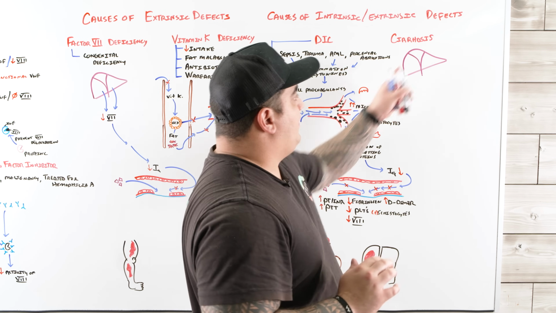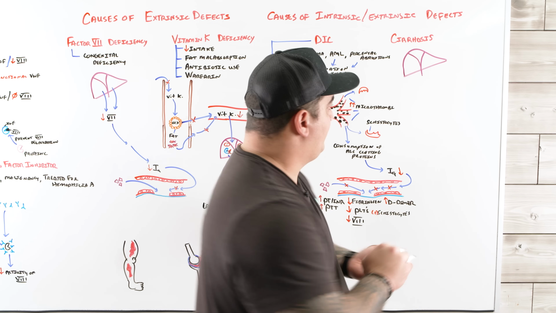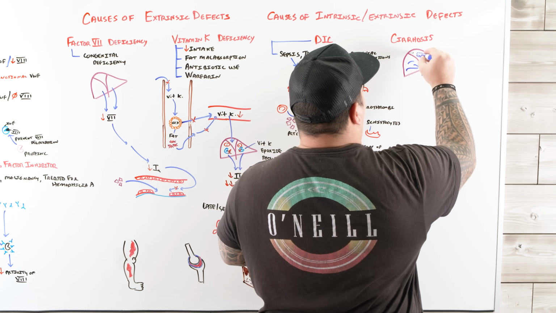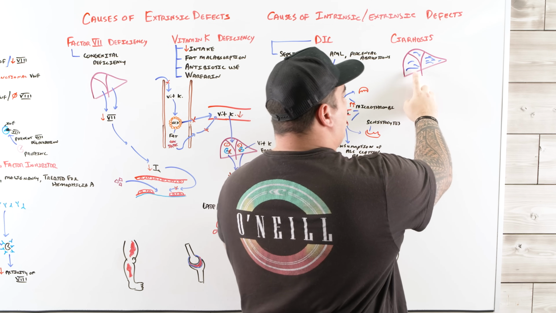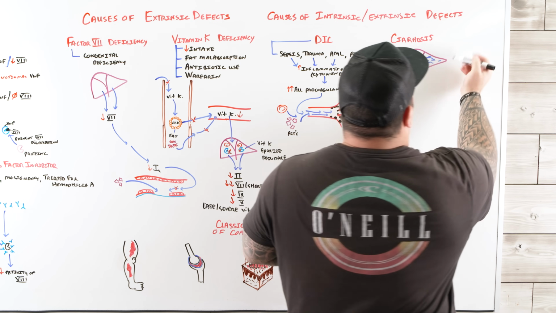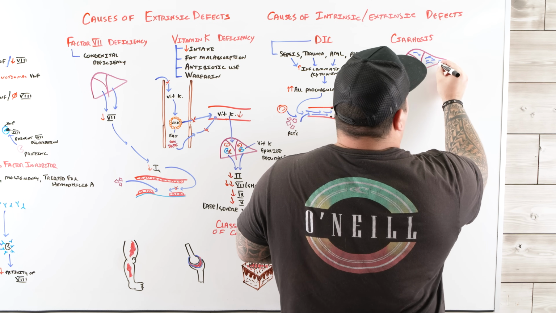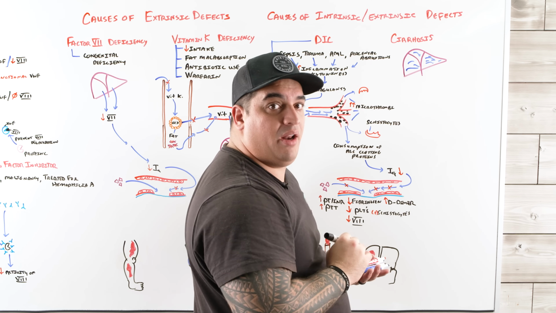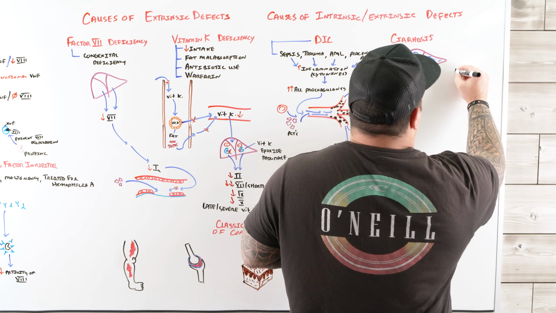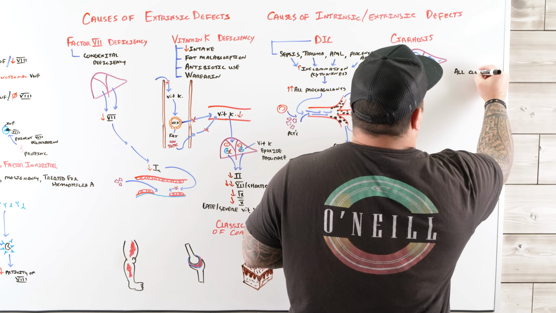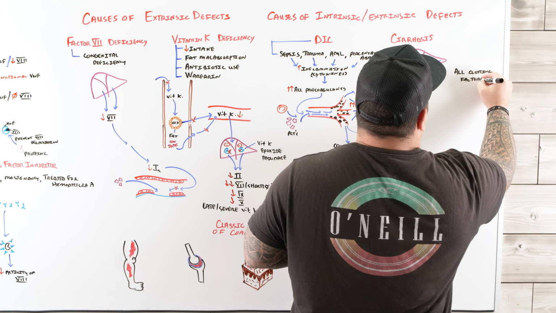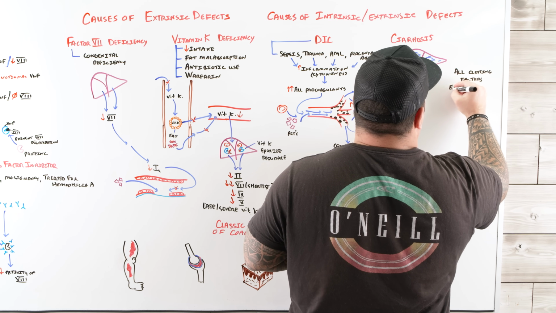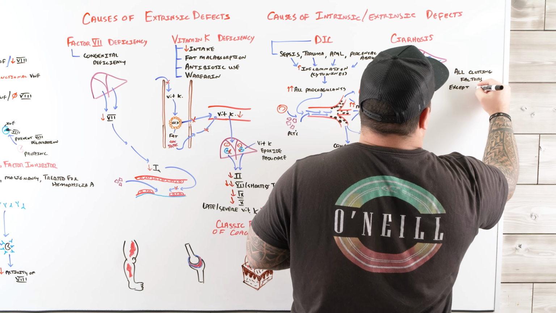Cirrhotic patients have fibrosis of the liver, right? That fibrosis of the liver leads to a couple of different things. One is the inability to produce particular clotting factors. So it leads to decreased production of all clotting factors except which factor?